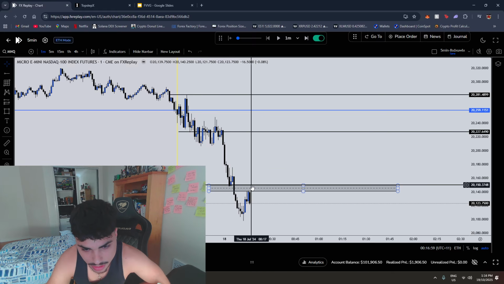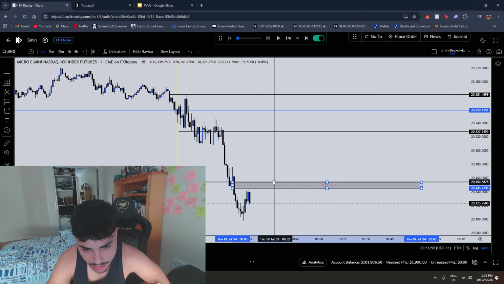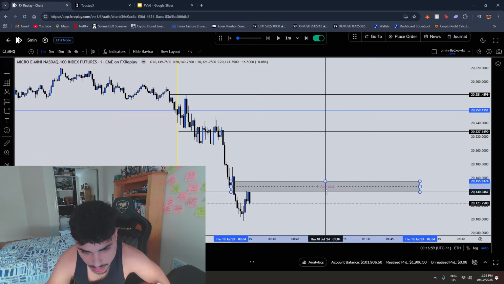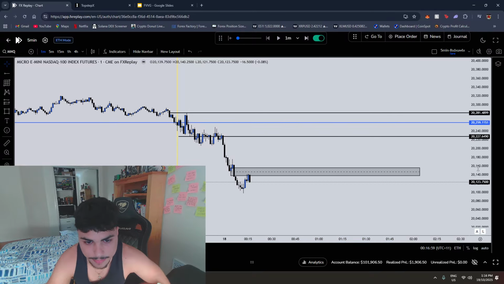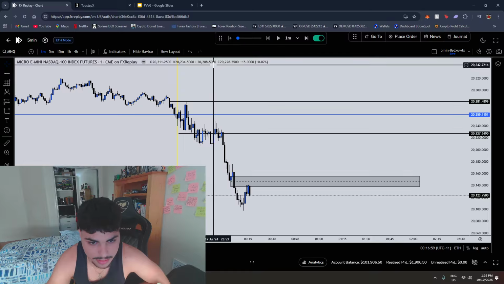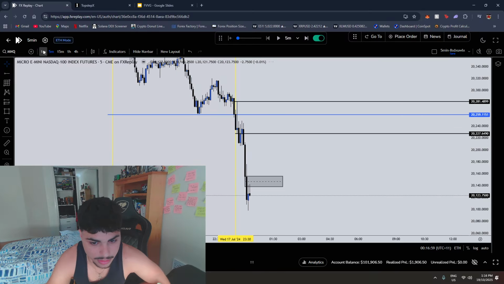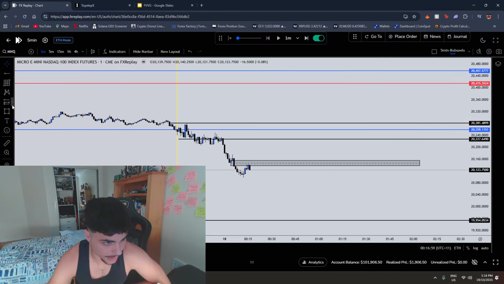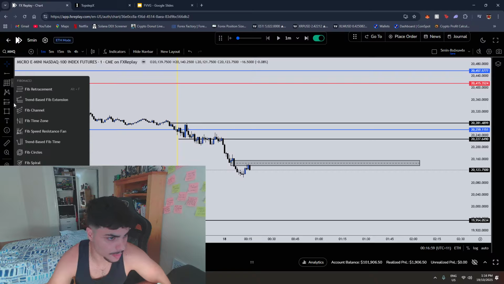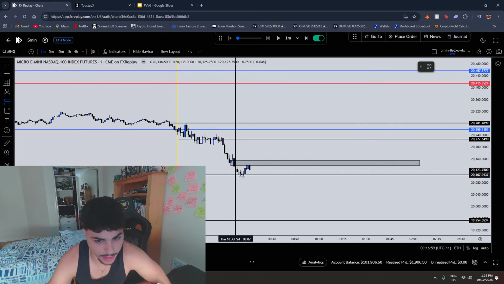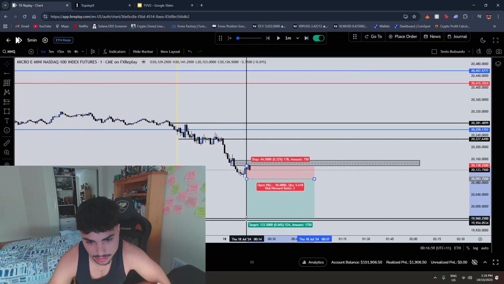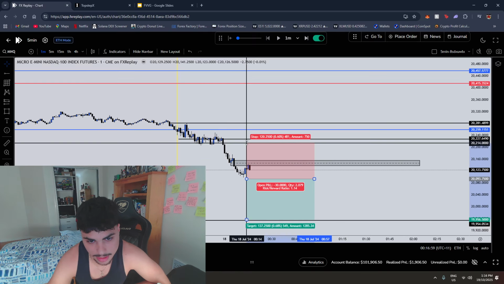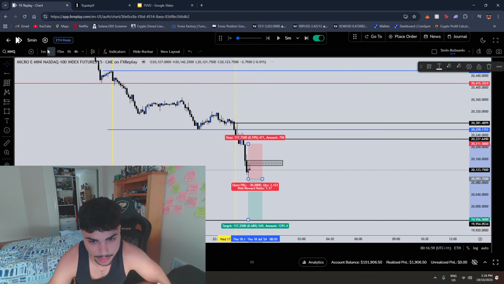This will work. Actually, it will work. But since the retracement to the fair value gap has taken so long, our risk, this is a bit of a risky one. But if you're very confident, you could do this. Target that. I'll put my stop loss right there.